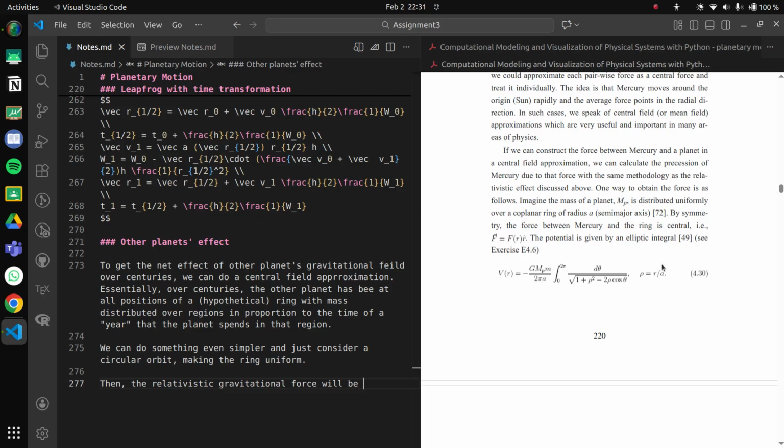Force is central. That is correct. But then, okay, what's going on? This is starting to not make sense. Why is this? Oh, this is a potential. I see. Okay, cool. Fine.